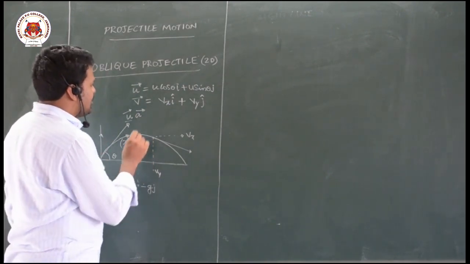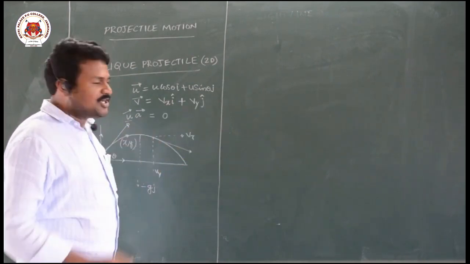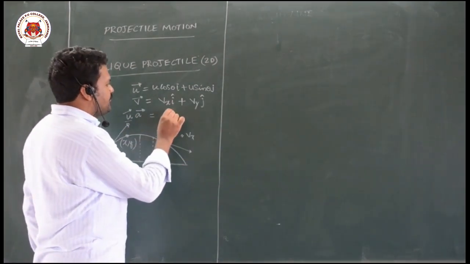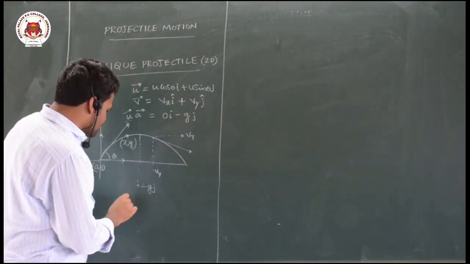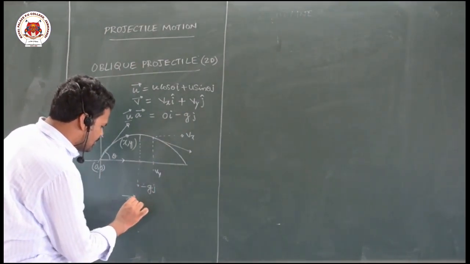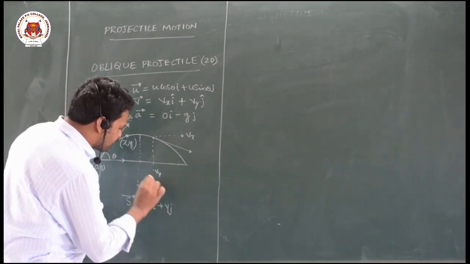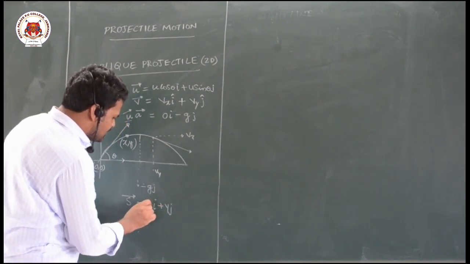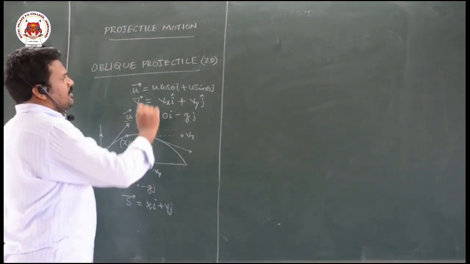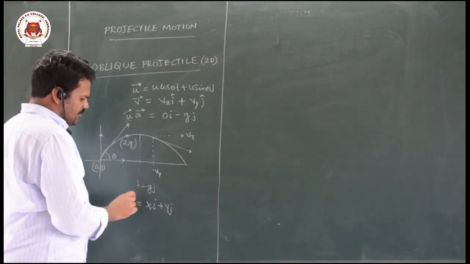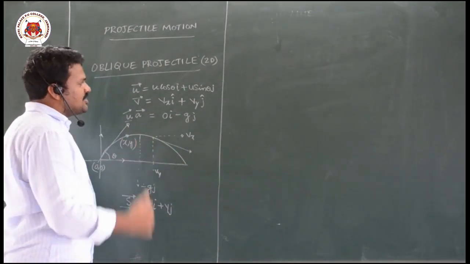There is no acceleration in the forward, horizontal direction, that is 0 i minus g j. The displacement vector you can also write as s bar is equal to x i cap plus y j cap. At each and every point, it will have two displacements, two velocities and one acceleration.